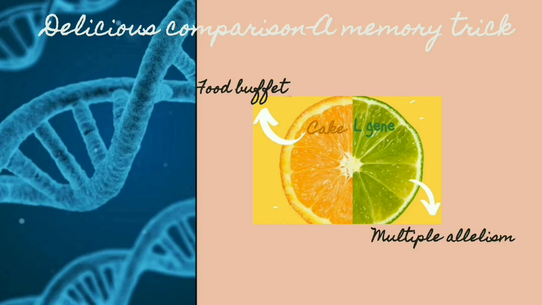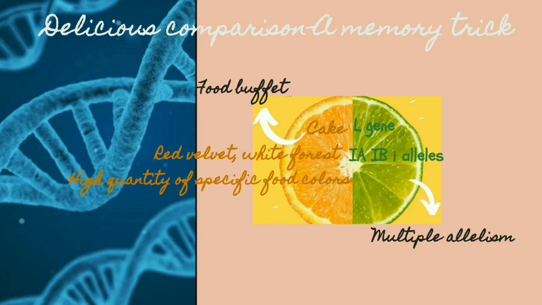Like we have different varieties of cakes such as red velvet, white forest and black forest, there are different variants or alleles of a gene, IA, IB, i. The end result is based on the high quantity of specific essence and food colors. Here it is completely dependent upon the dominant allele.